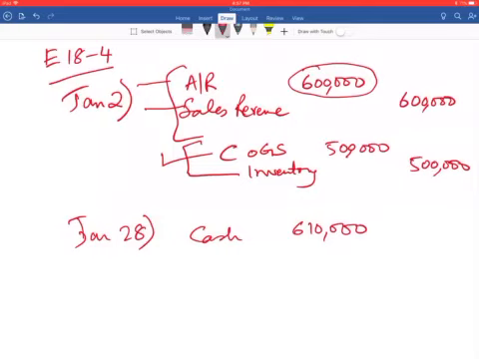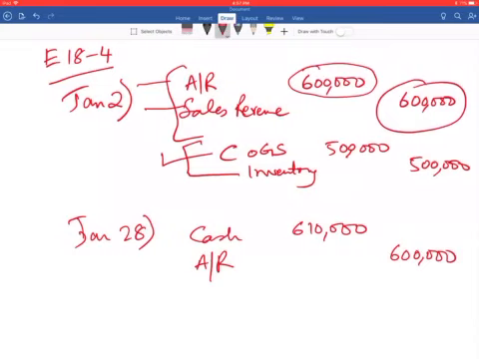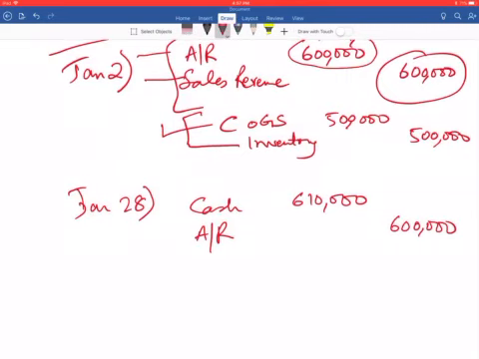The second thing is that we are taking care of accounts receivable. Accounts receivable is worth $600,000; we booked it right here. We're going to credit that because now we received the payment. Then the issue is how we are going to explain this extra $10,000 in cash that we received.